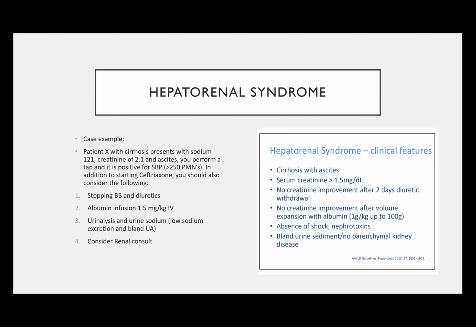So we stop the beta blocker, you're going to stop diuretics. You're going to check a urine analysis, urine sodium, and we're going to infuse albumin on days 1 and 3. And this is purely to prevent HRS if it hasn't already happened. And obviously, I would call renal on this patient maybe after holding the diuretics for a couple of days and seeing if there's no improvement.